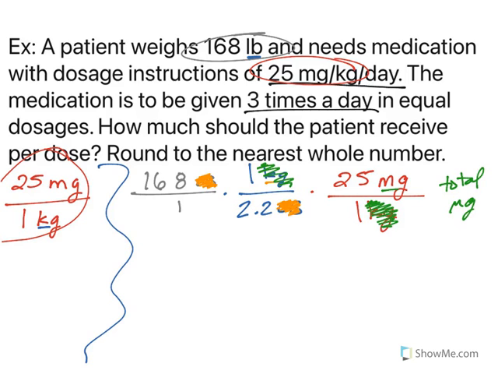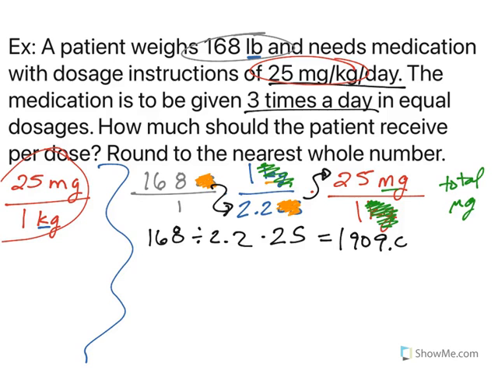To do that, I start with 168. Because 2.2 is in the denominator, I'm dividing by 2.2. And 25 is in the numerator, so I'm going to multiply by 25. So if I take 168 divided by 2.2 times 25, I end up with 1,909.09, and it keeps going. This is total milligrams per day.